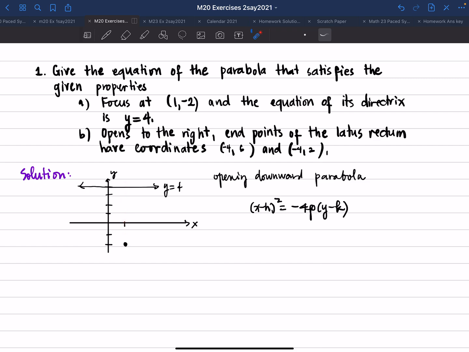So, the vertex must be 3 units from this point. So, 1, 2, 3. What is this point? That is 1, 2. So, let us label 1, 2. So, somewhere like that. So, that is the vertex.